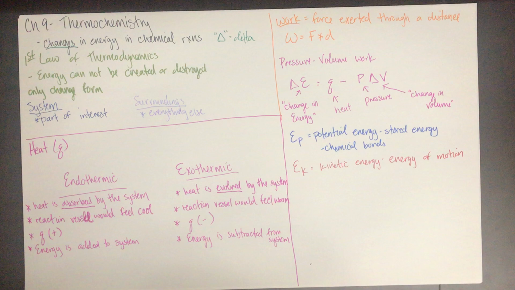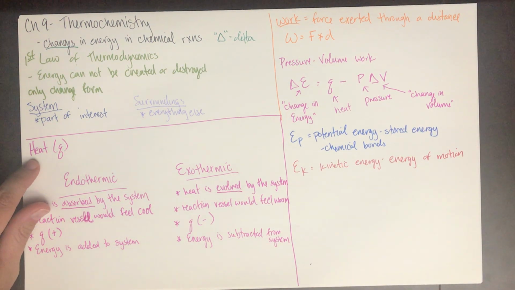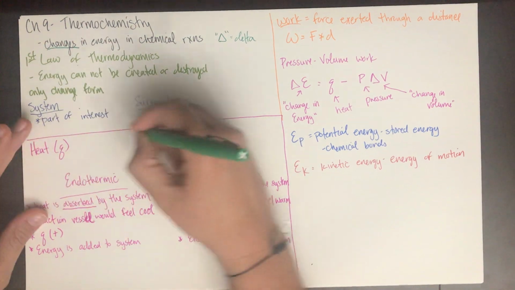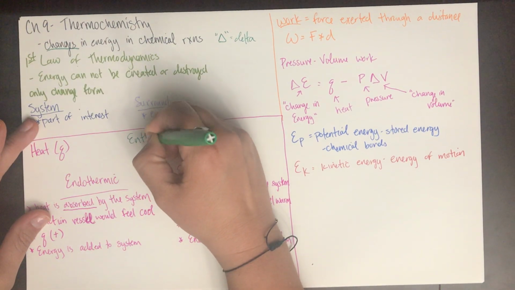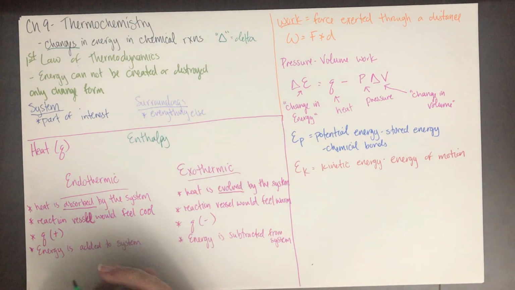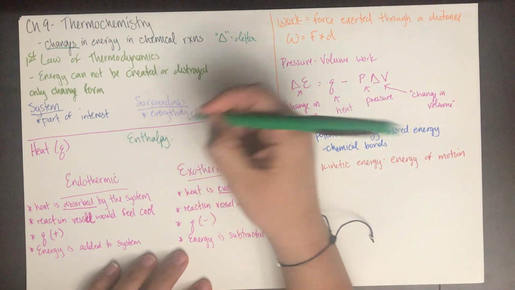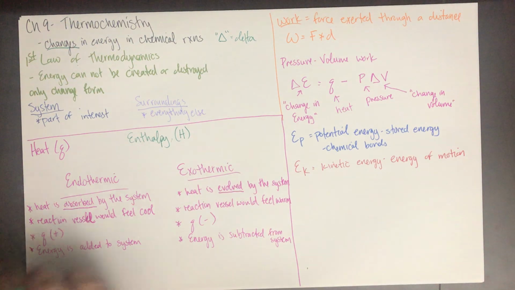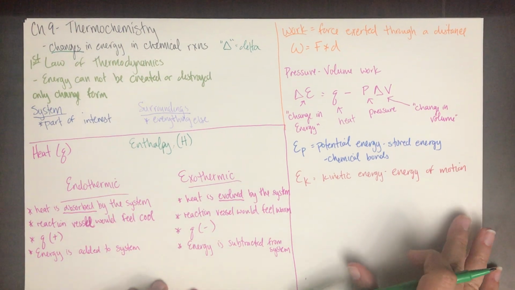So enthalpy is called an extensive property, and it can be used to obtain the heat absorbed or heat evolved in a chemical reaction. So anywhere you see heat, you could also replace that with enthalpy. And the variable for that is capital H.